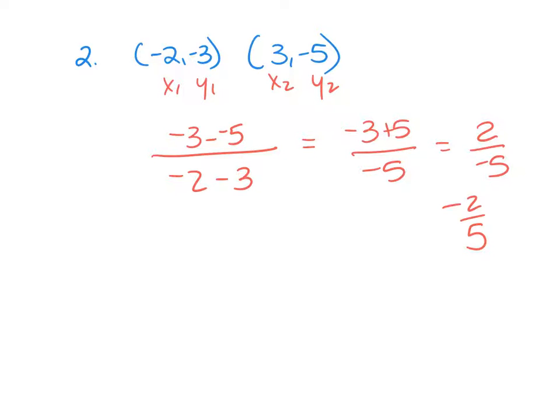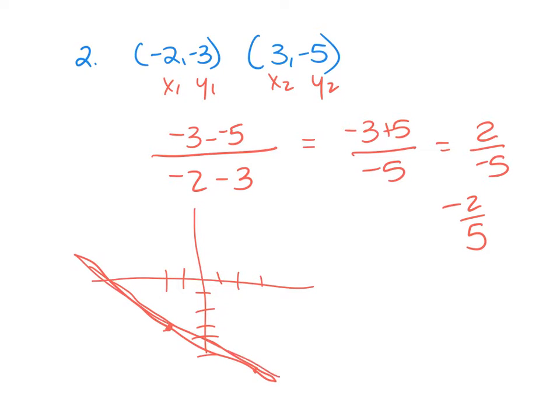Now I'm going to check and see if that makes sense. When I graph it, I have (-2, -3) down here, and (3, -5) down here. That's a negative slope, right? So that makes sense.